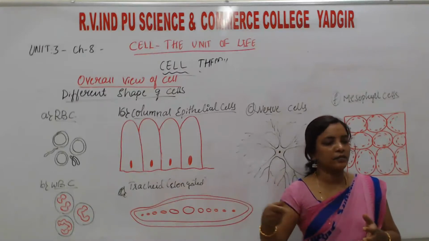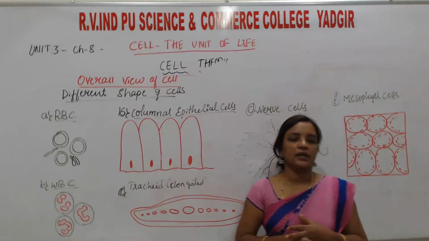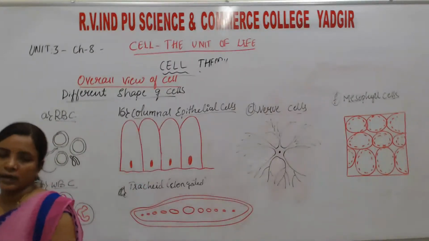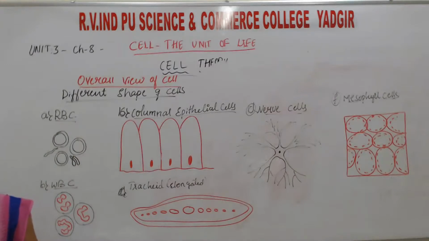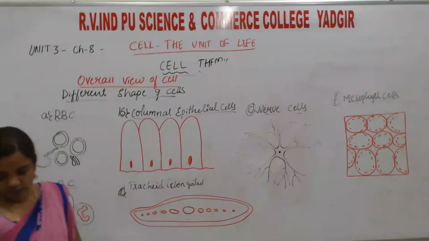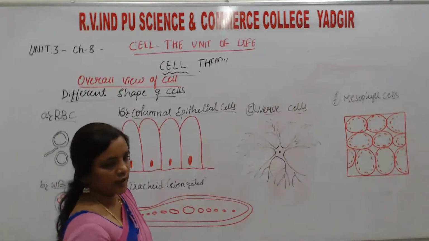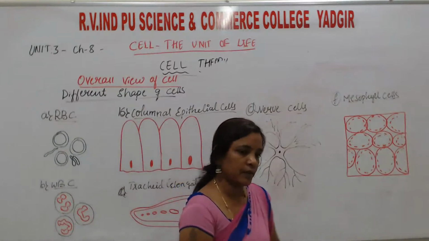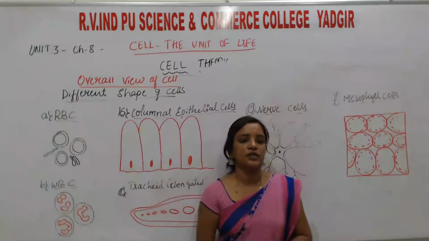If they are present in the form of a spiral, we call them spiral-like bacteria, especially Vibrio cholerae, the bacteria which causes cholera. So coccus is spherical, bacillus is rod-like, and vibrio is irregular as well as spiral shaped. The cells are different, and bacteria are also present in different shapes.